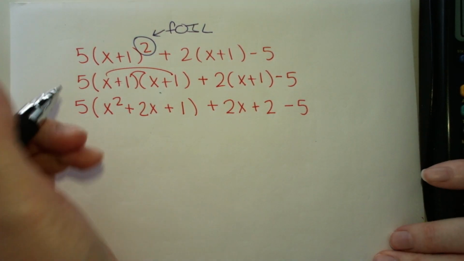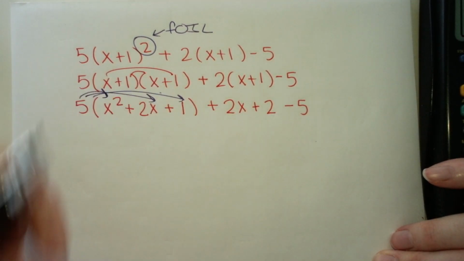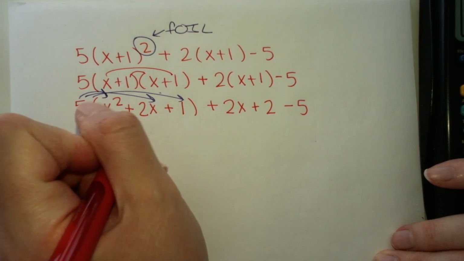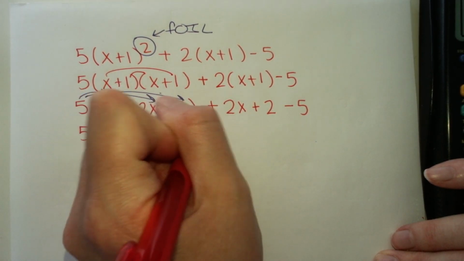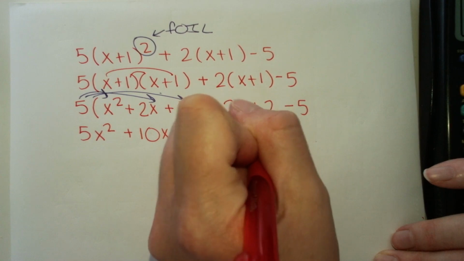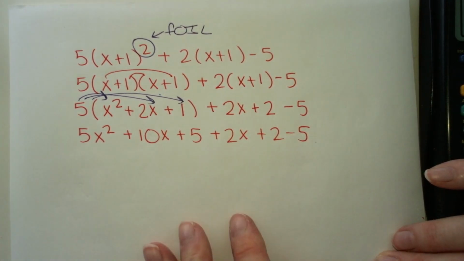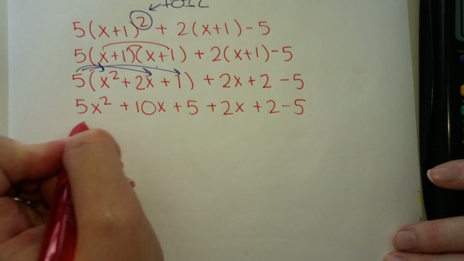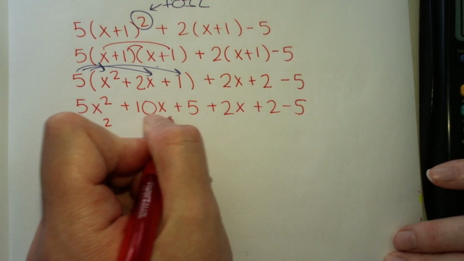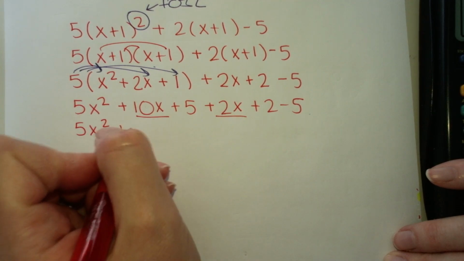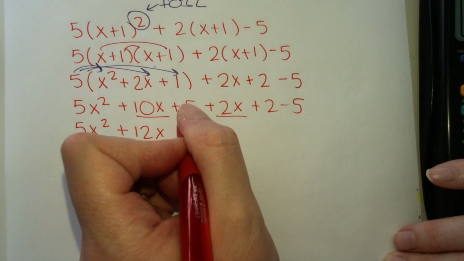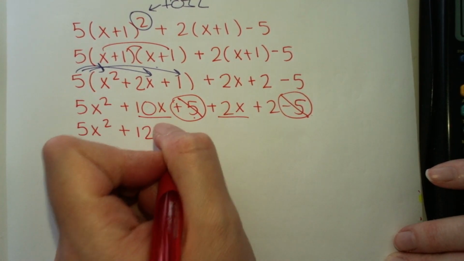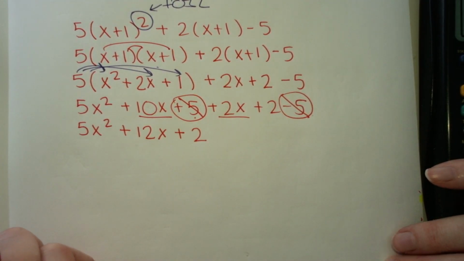And then we'll distribute the 5 to all three of those terms, and that will give us 5x squared plus 10x plus 5, and then plus 2x plus 2 minus 5. Then you'll combine your like terms. 5x squared, the 10x plus 2x gives us 12x, and the positive 5 and the minus 5 cross out, and then the plus 2.